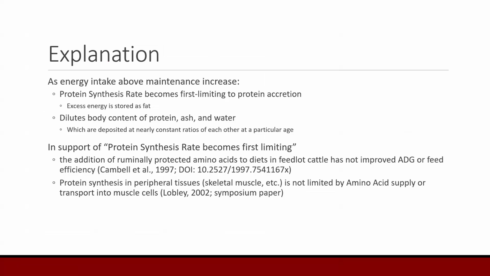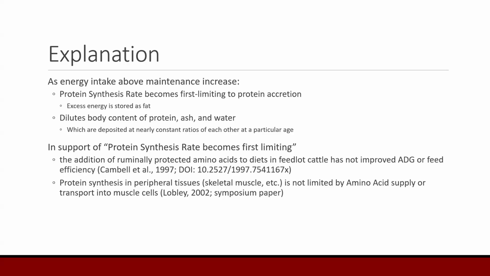Okay. So, studies have looked at whether I can increase energy intake to increase rate of gain, but provide rumen undegradable amino acids so that I can shift more of that energy to lean tissue growth and less of that energy to fat growth.